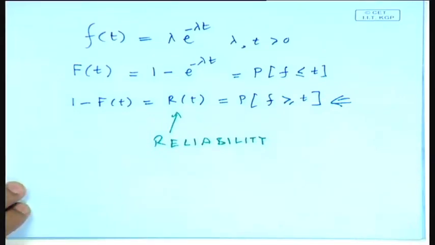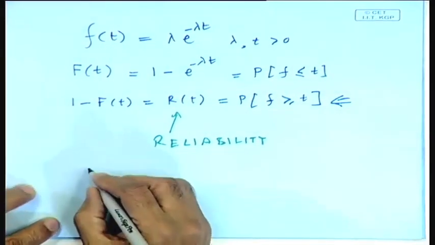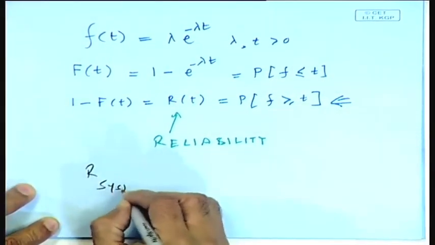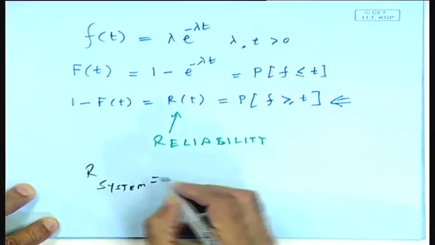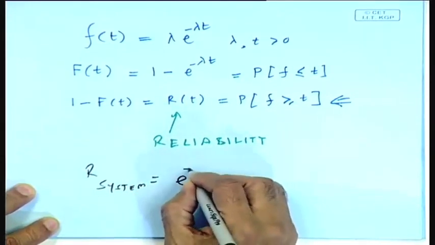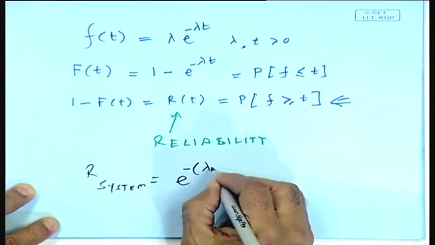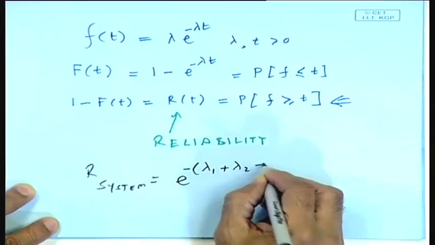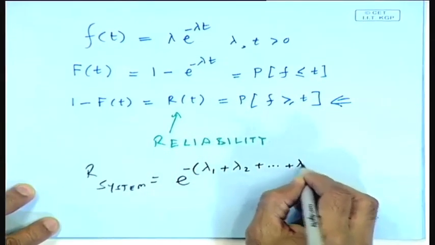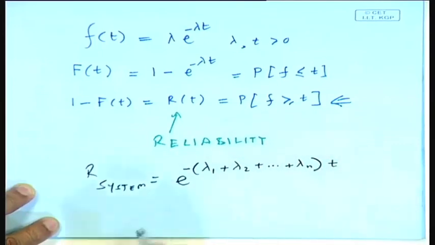And if a system is in series, then this reliability turns out to be this, R system. This turns out to be e to the power minus lambda 1 plus lambda 2 plus and so on and so forth, plus lambda n, multiplied by t.